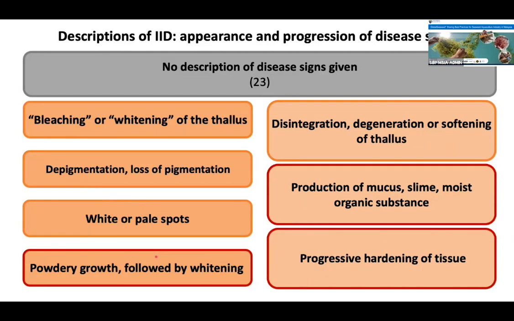And not all reports included a description of the progression of the disease, but where they did, this largely reported the disintegration, degeneration or softening of the thallus, with others noting production of organic substances by affected tissue. And in a couple of reports, rather than a softening of tissue, there was a progressive hardening, which was followed by degeneration and fracturing of the thallus.